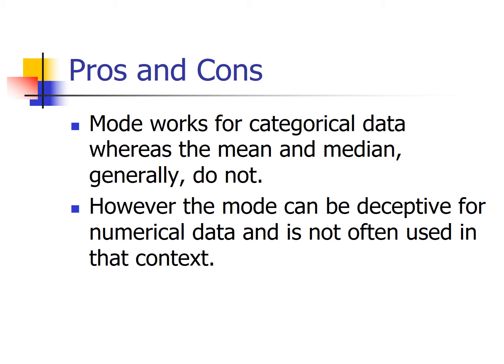So what are the pros and cons? Well, the pro for the mode, the feather in its cap, and really the only feather in its cap, is that the mode works for categorical data, whereas the mean and median typically do not. So if you're looking at a bag full of M&Ms, you pull out an M&M and you record its color.